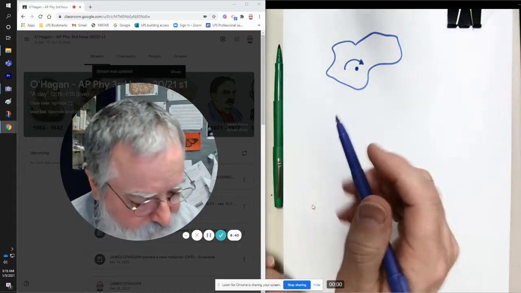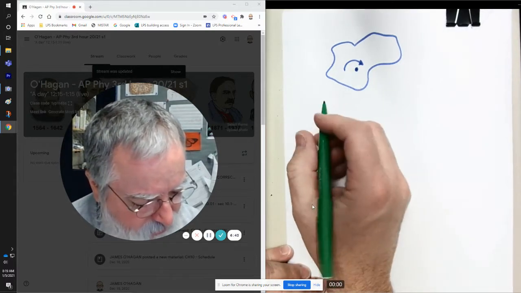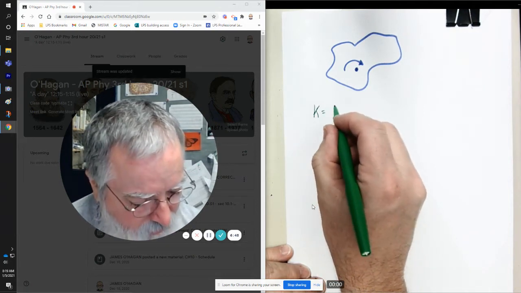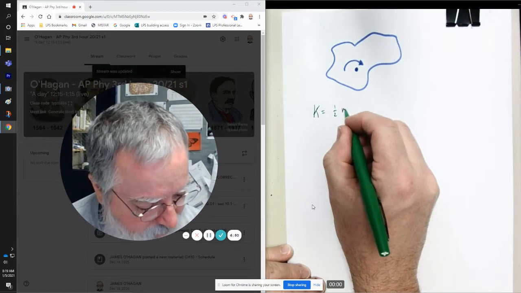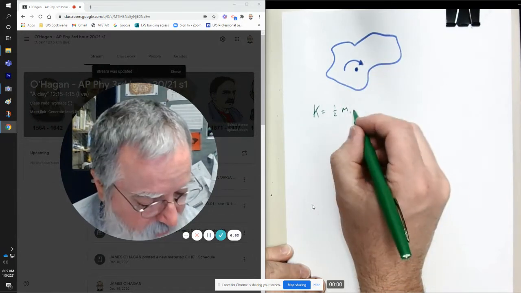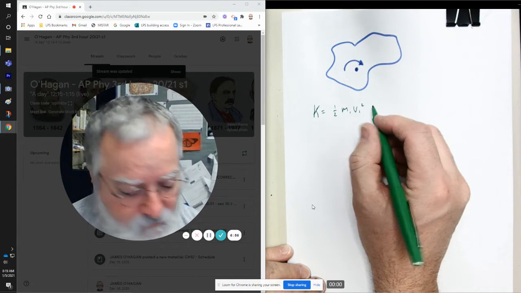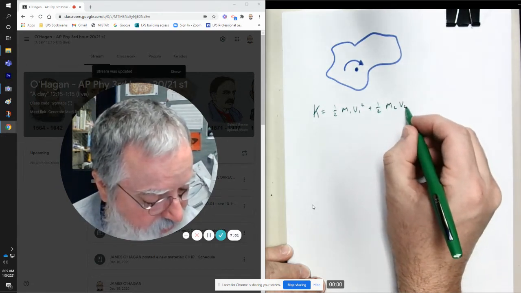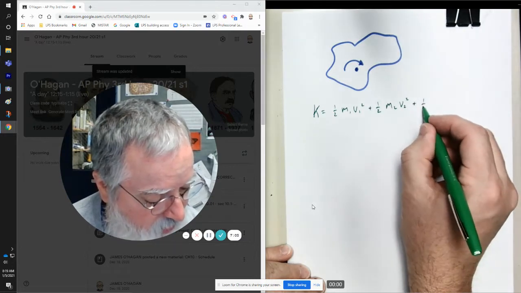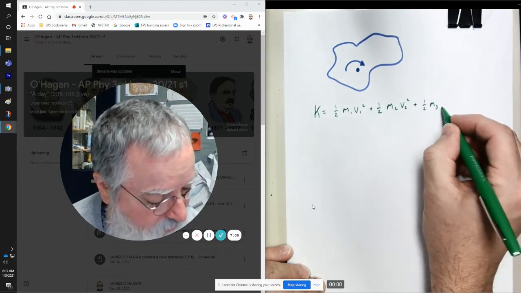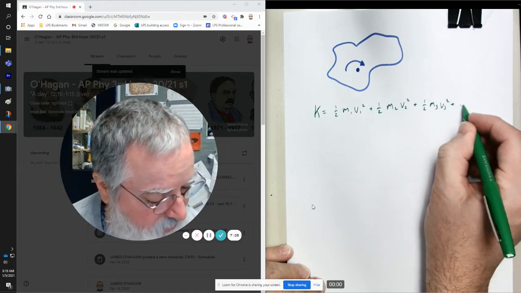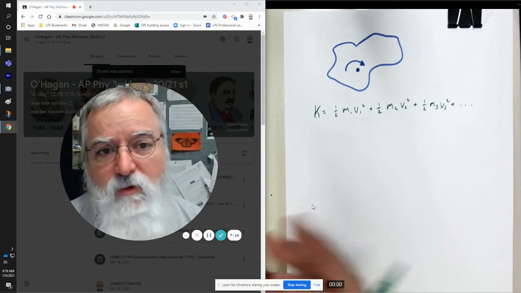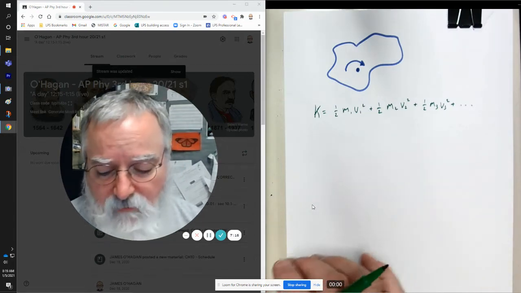So here's what we get, and this should not be anything surprising. We get the kinetic energy equals 1/2 mass of my first particle, velocity of that first particle squared, plus 1/2 mass of my second particle, velocity of my second particle squared, plus 1/2 mass of my third particle, velocity of my third particle squared, plus, for as many particles as you have in there, it could be 1,000, could be 100, whatever, because you're going to divide this thing up.